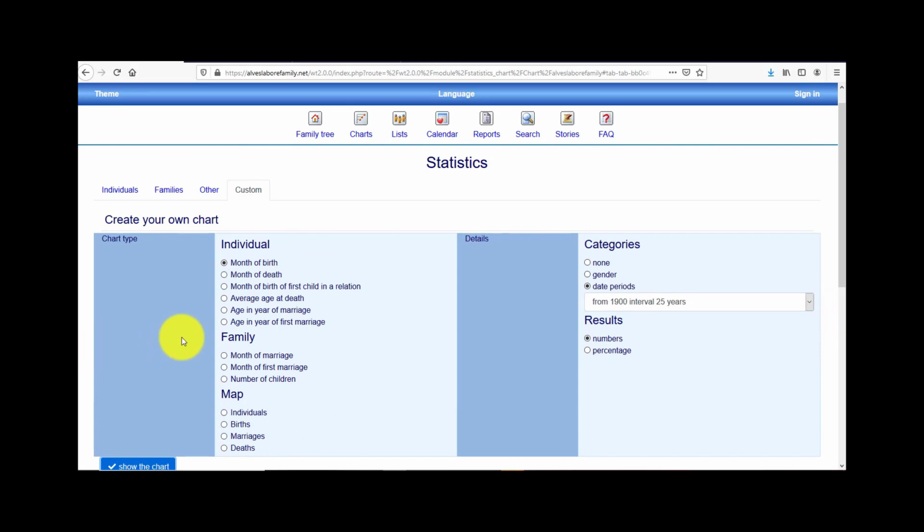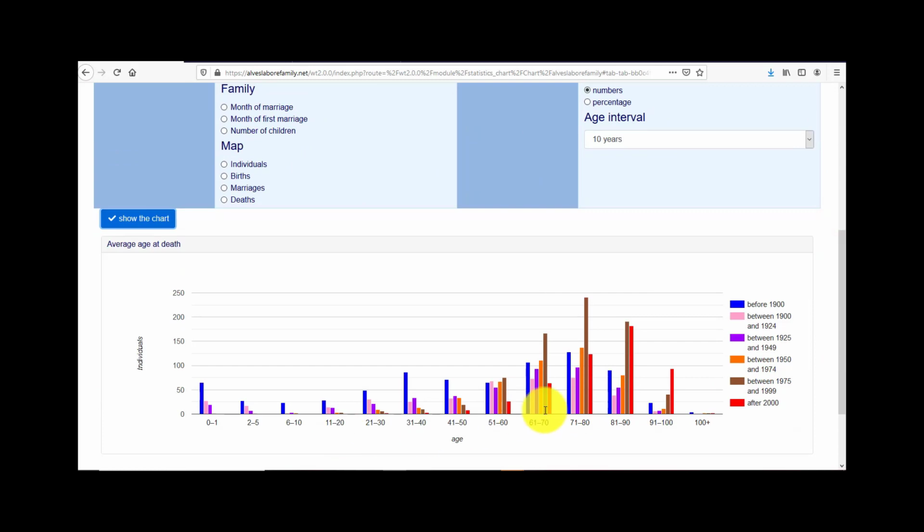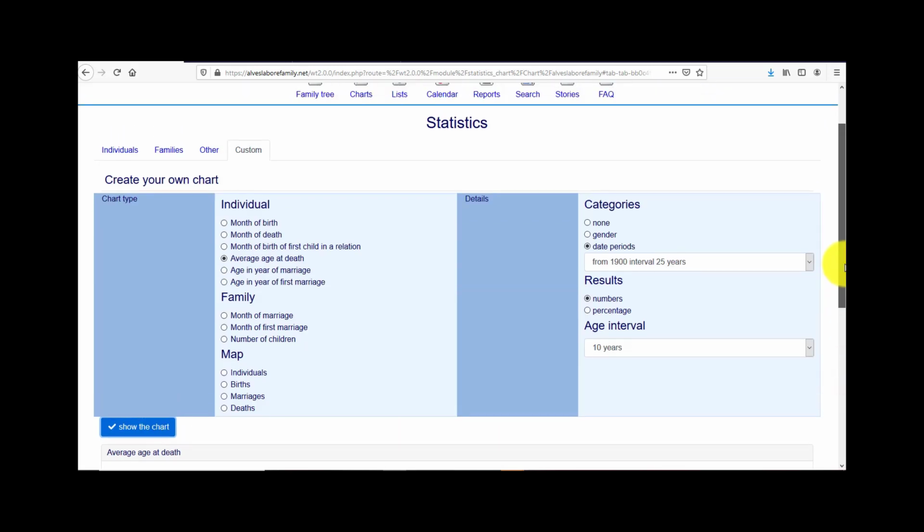And you can change this. Average age of death, average age of marriage, and show the chart, and we'll reformat the chart and show you the age of death in a 25 year period of time.